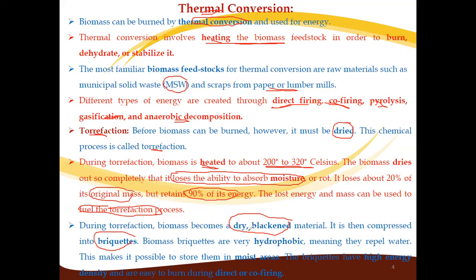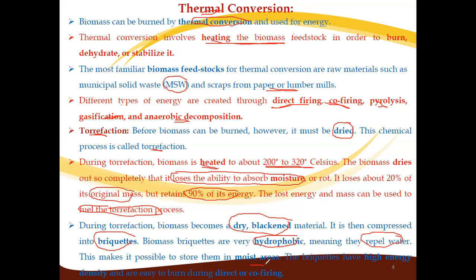Now, biomass briquettes are very hydrophobic. Hydrophobic means there is no ability to absorb any moisture. So its meaning is it will repel water. It will not absorb the water. This makes it possible to store them in a moist area.